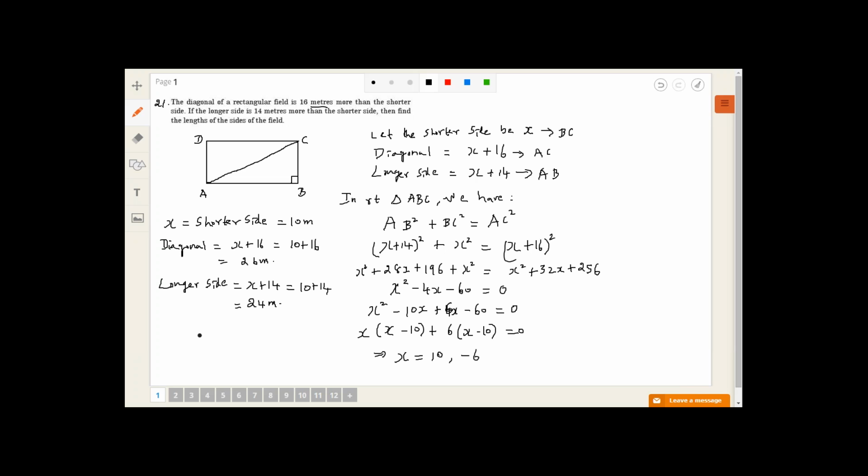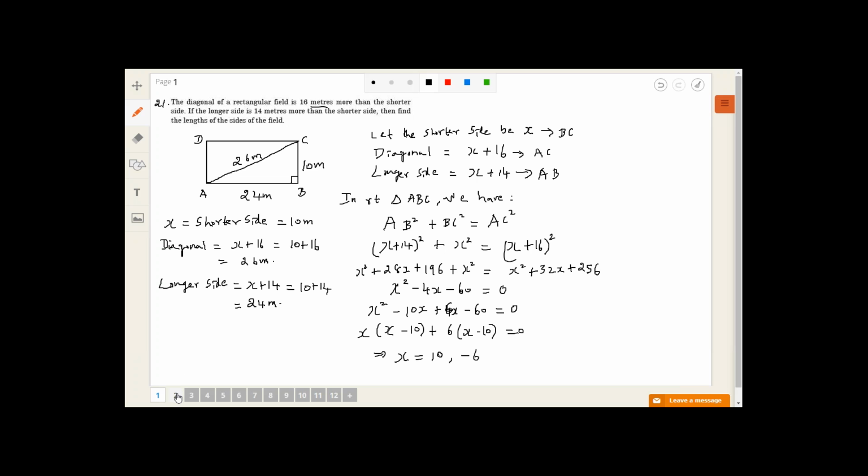So the lengths of the sides of the field will be: longer side 24 meters, shorter side 10 meters, and the diagonal being 26 meters. With this we can also calculate the area of the rectangle because we know the values of length and breadth, as well as the perimeter by applying the formula.